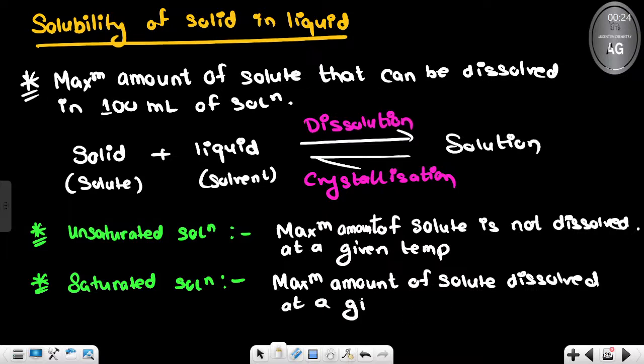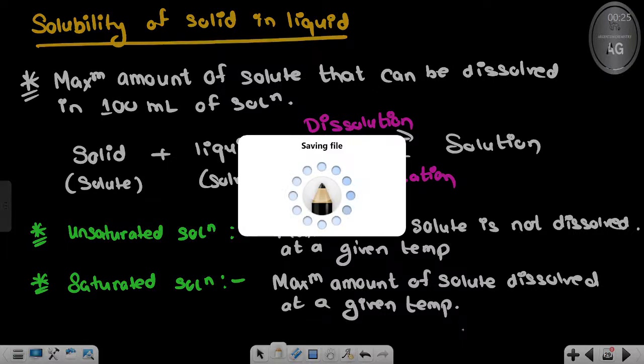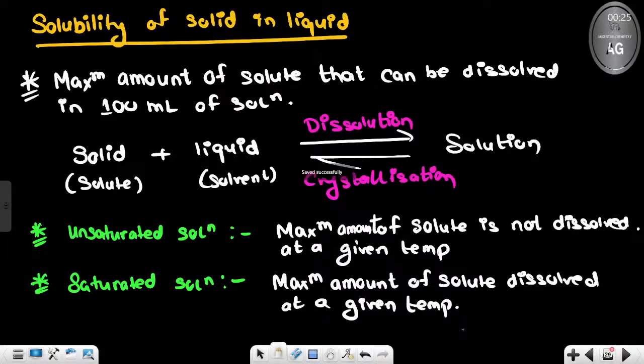So at a given temperature, if maximum amount of solute is dissolved in the solvent, then we will call it a saturated solution. If at a given temperature maximum of solute is not dissolved in the solvent, then it is called an unsaturated solution. It means you can dissolve more in it.